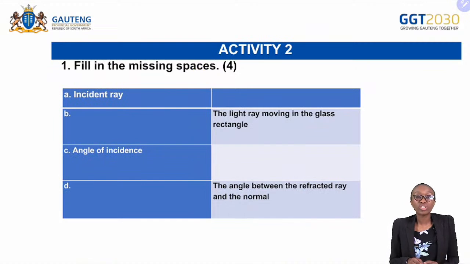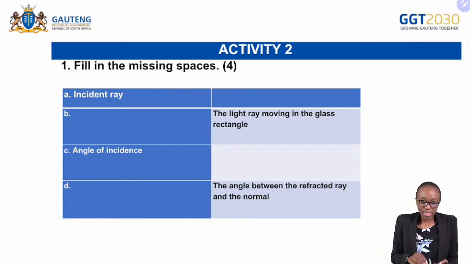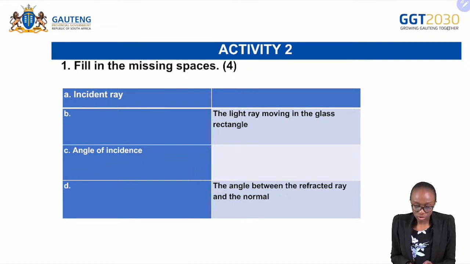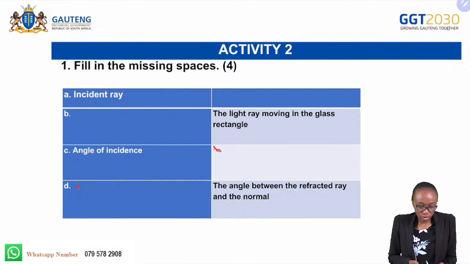So now we've reached our second activity. I need you to fill in the missing spaces. In number 1, we've got incident ray and a blank, and then for B there's a blank, and there's the light ray moving in the glass rectangle. Then we've got angle of incidence. We need to fill in this blank, where we've got a missing term, and then you need to write what the term means.